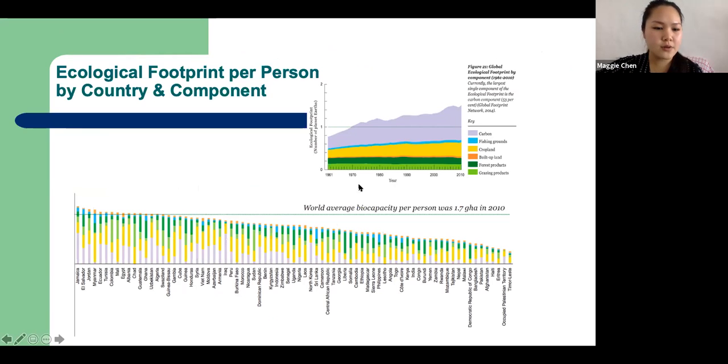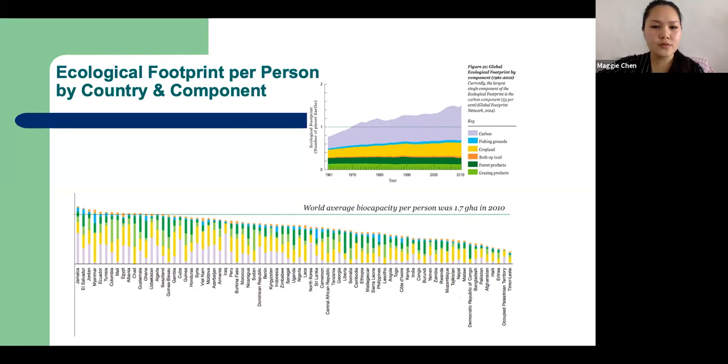It's the resources that they use, and their ecological footprint in turn is a lot lower. This has a lot to do with their income and the availability of resources and what they have access to.